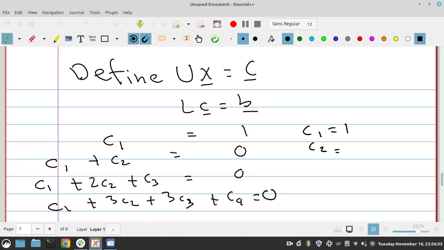So here, this gives me C1 equals 1, C2 equals -1, C3 equals 1, and C4 equals -1. Notice how I'm going from top to bottom.